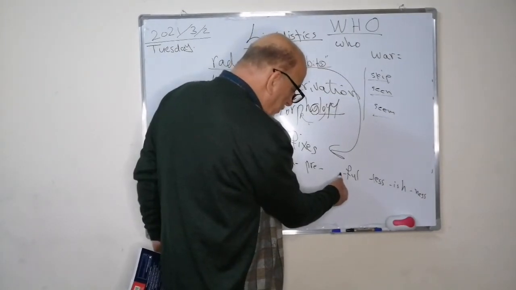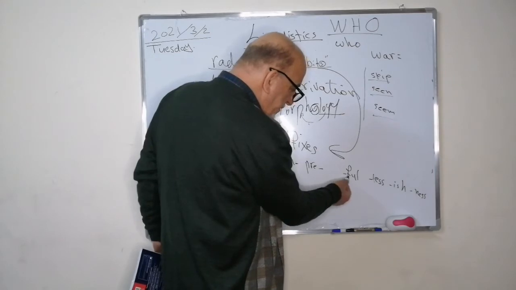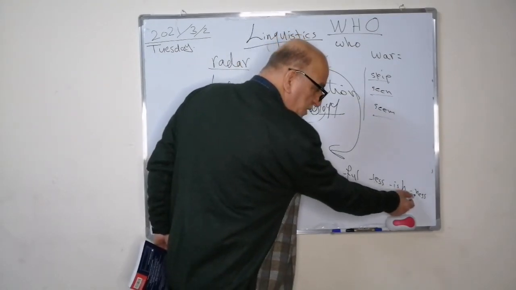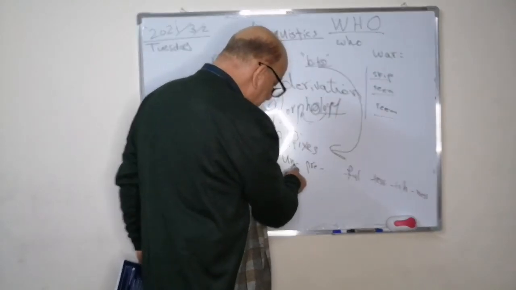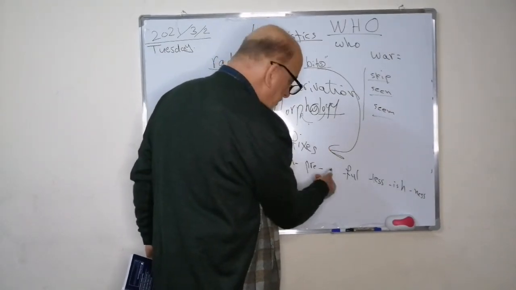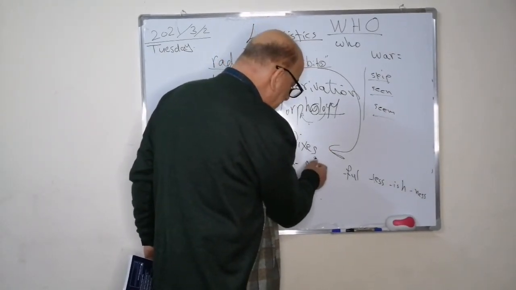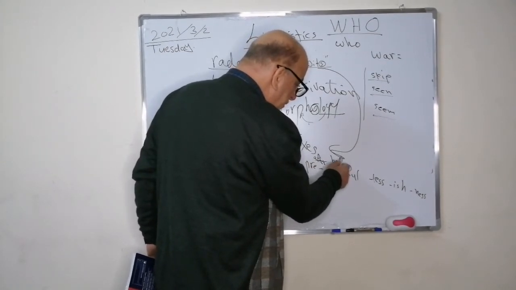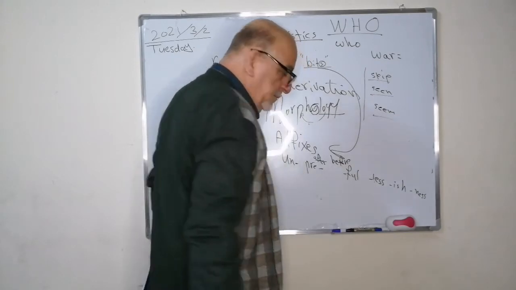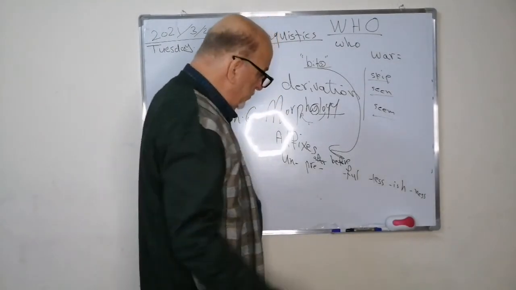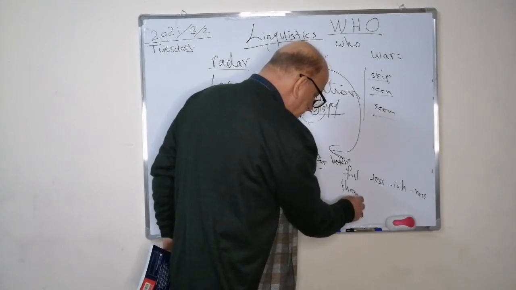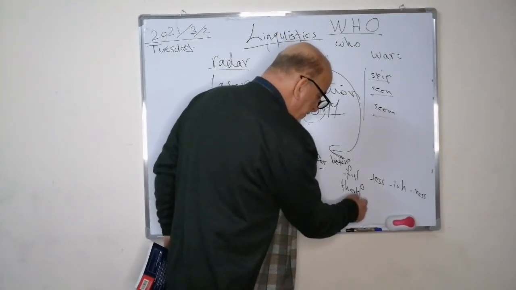The hyphen before means there is a word before this. Here there is a word after. So this hyphen is for after, and this is for before. For example, if I take the word thankful, see, thank and then full.